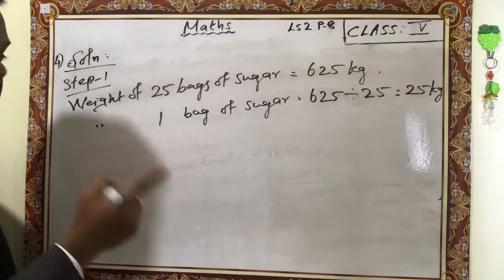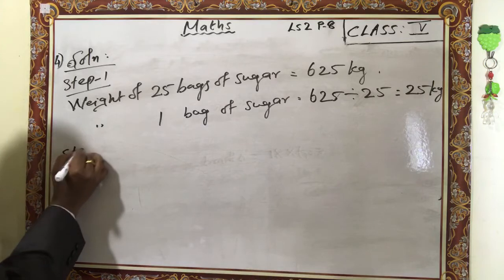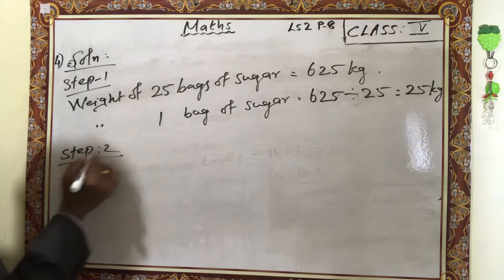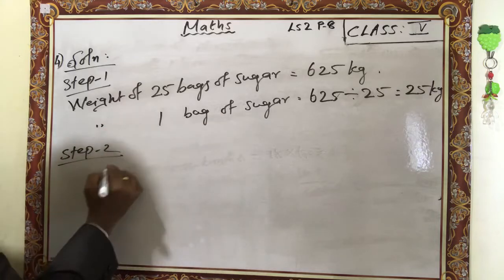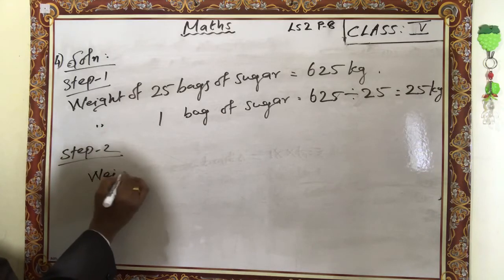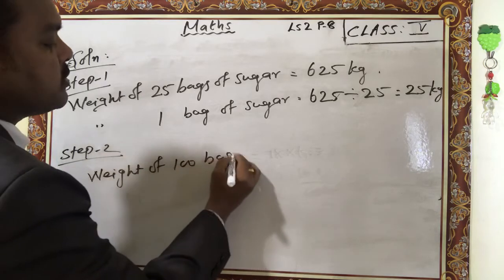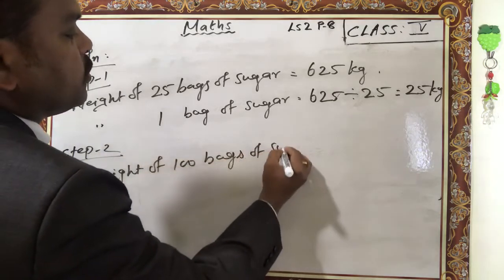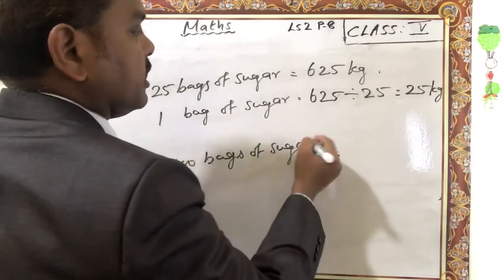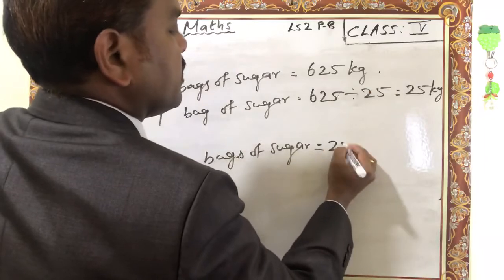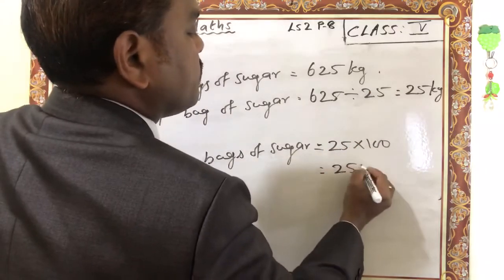Then you have to find the weight of 100 bags. Step 2. Weight of 100 bags of sugar is 25 into 100, which is 2500.